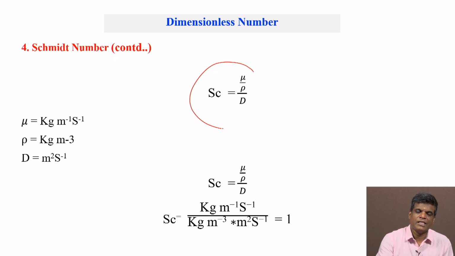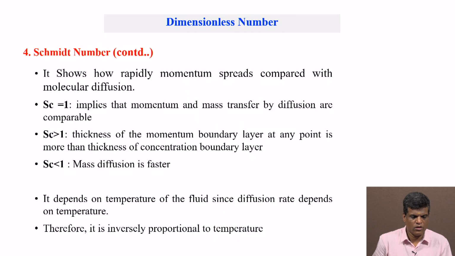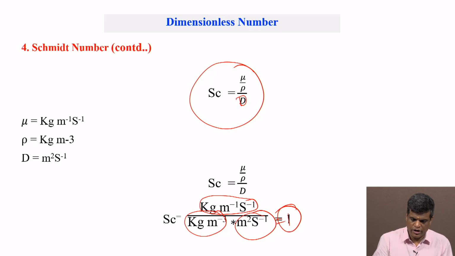So again, NSc equals mu by rho by D. The units of diffusivity are meter square per second, as we discussed, then the viscosity units, and the other one is for density. When you solve it, finally we get 1, a dimensionless number. This is the way to do it. The ratio is the momentum diffusivity by the mass diffusivity.